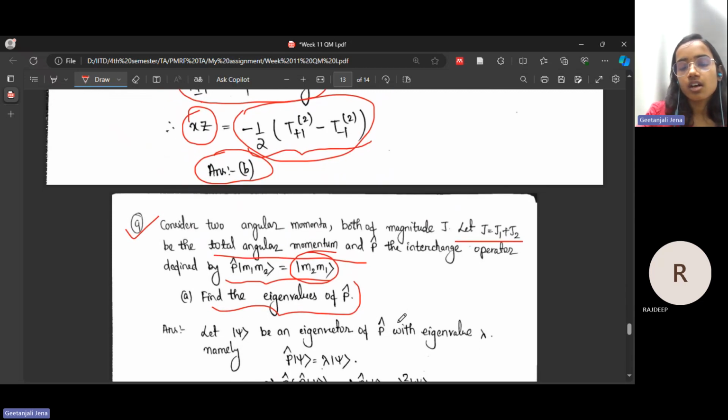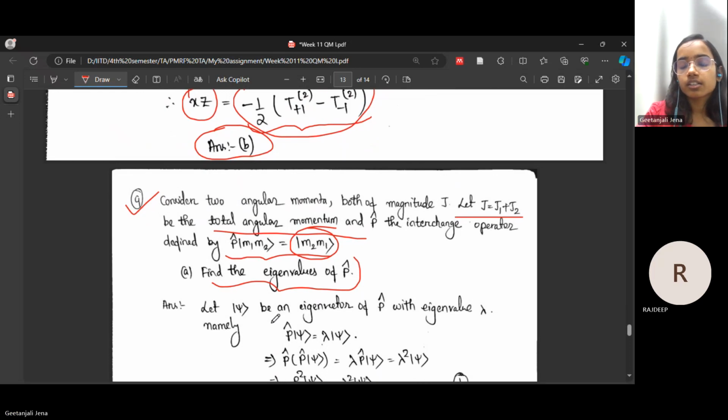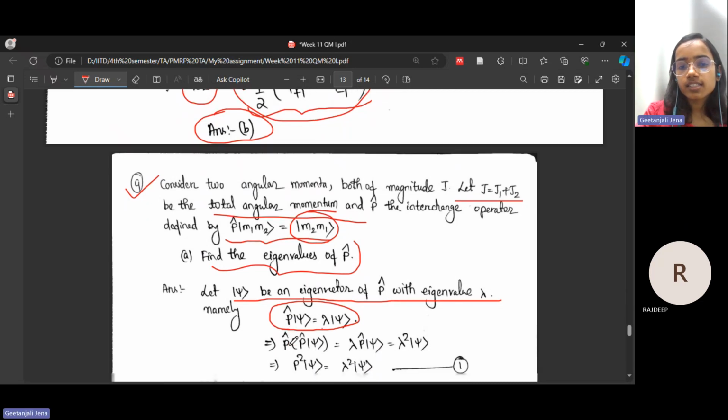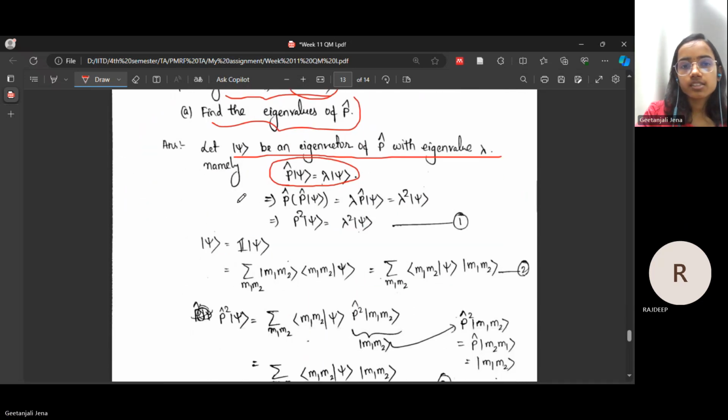For this, you can start by taking an eigenvector of this interchange operator. So we take psi to be an eigenvector of P with eigenvalue lambda. That means when P acts on psi, you will get lambda psi. Now in the second step, I act with another operator P. So if you act with P, then you will get lambda P times psi, right?